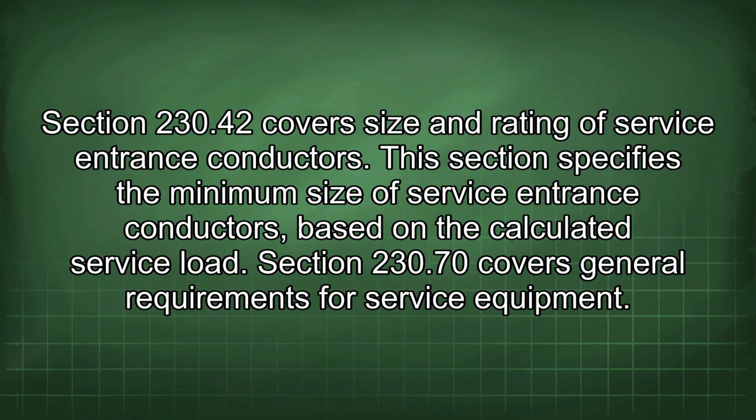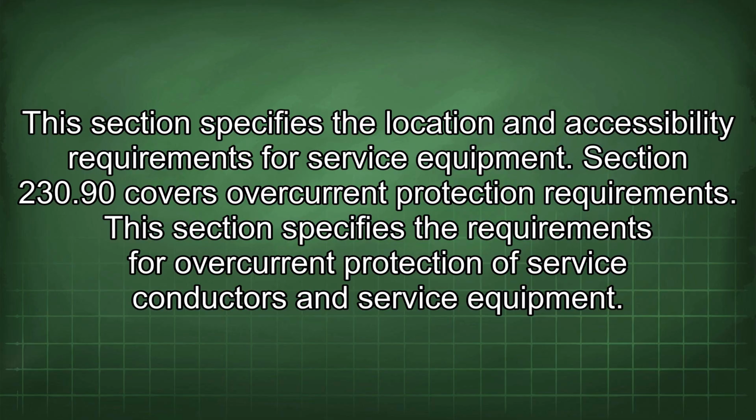Section 230.42 covers size and rating of service entrance conductors. This section specifies the minimum size of service entrance conductors based on the calculated service load. Section 230.70 covers general requirements for service equipment. This section specifies the location and accessibility requirements for service equipment.